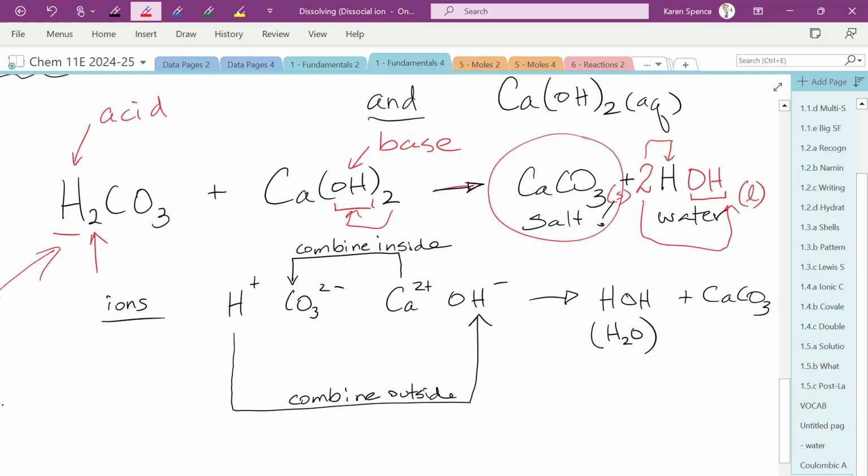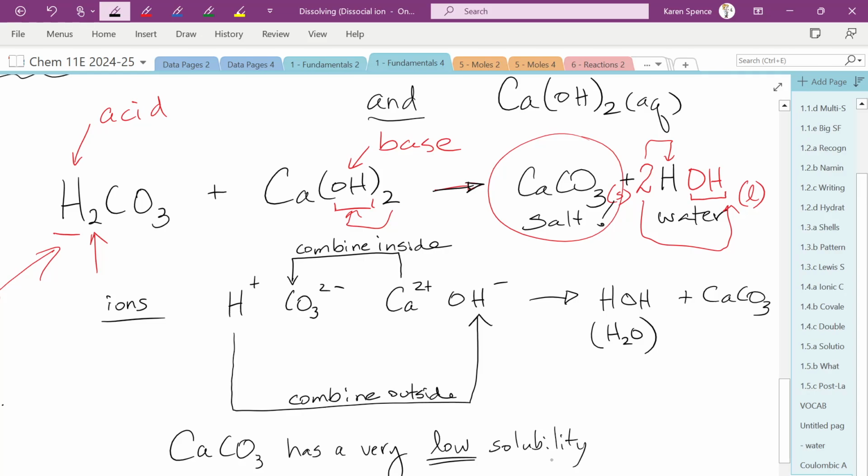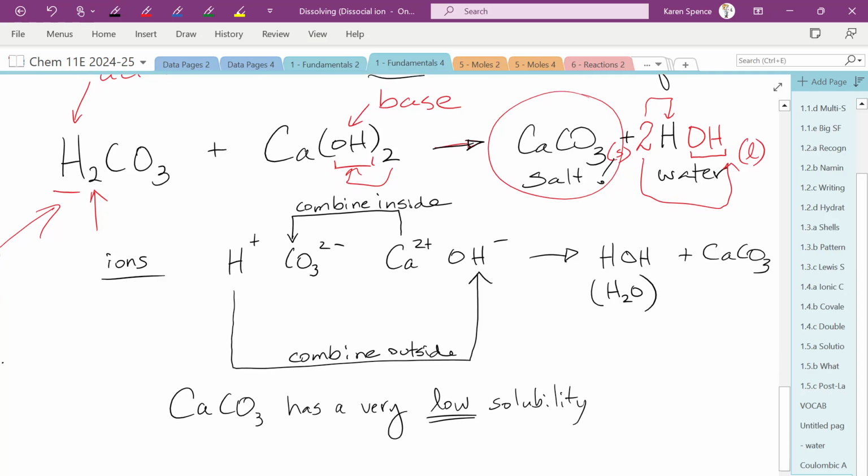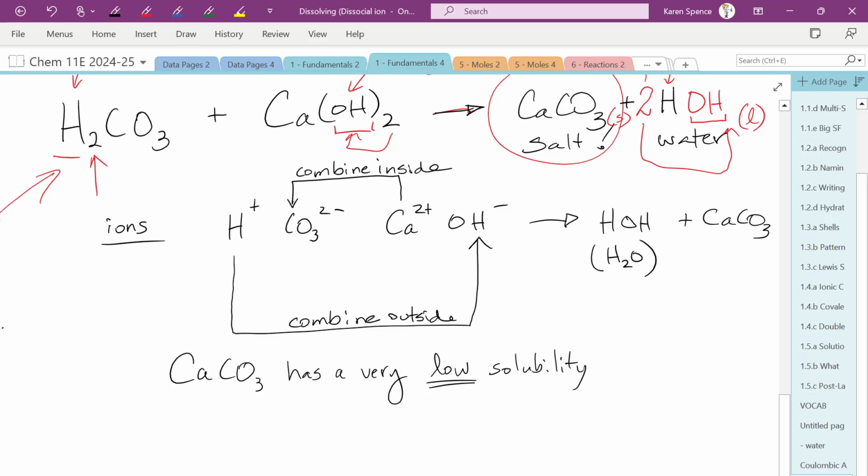And the reason it's a solid is because calcium carbonate has a very low solubility. And what does it mean if it has a low solubility?